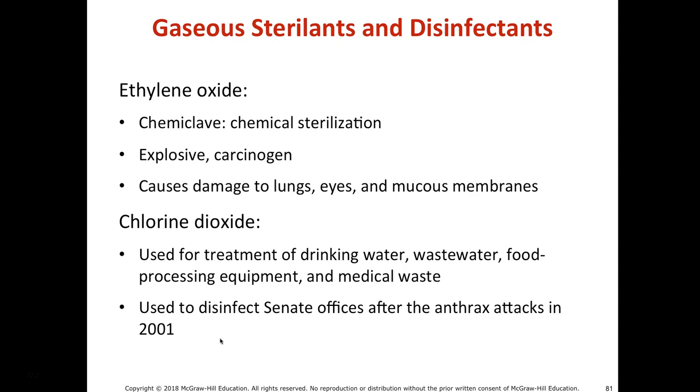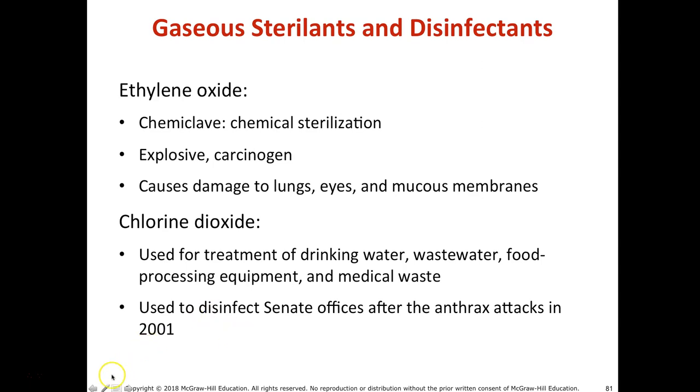It takes about 90 minutes to 3 hours in order to sterilize the objects, whatever you put in there. So it can also cause damage to our lungs, our eyes, and mucous membranes if it's contacted directly. And this too, I can't remember if I mentioned before, it is a carcinogen as well.